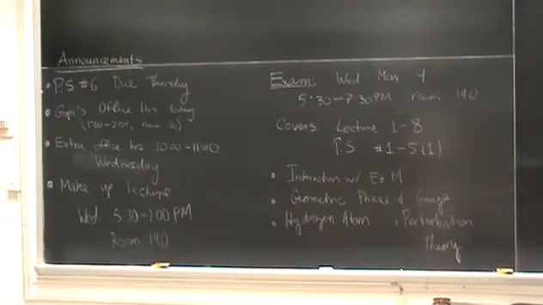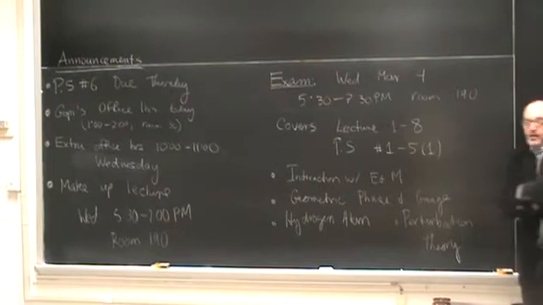The exam covers everything up to lecture 8, which means it doesn't include what we're doing right now on fine structure and hyperfine structure and the last this assignment and the second problem on problem set 5.